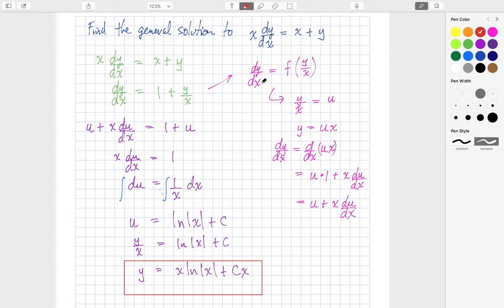And then we use this replacement here, that y over x is equal to u, or y equals ux. Okay, hopefully that's helpful. There are going to be some other substitutions we're going to look at in a future video that may be helpful.